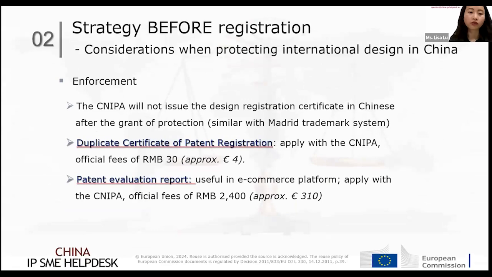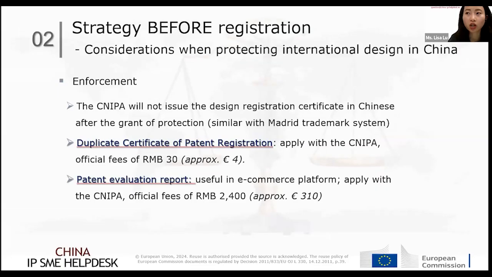And the last one is enforcement. For enforcement, it's related to the registration certificate. Even though your international design has been granted by the CNIPA in China, you will not receive the registration certificate in Chinese.